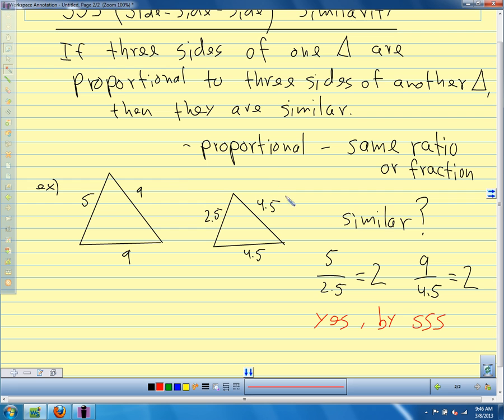Each side has the exact same ratio or makes the exact same fraction. Questions on that one? If I had 3 different sides, if these two weren't the same, I would have to check all 3, and all 3 would have to be exactly the same.